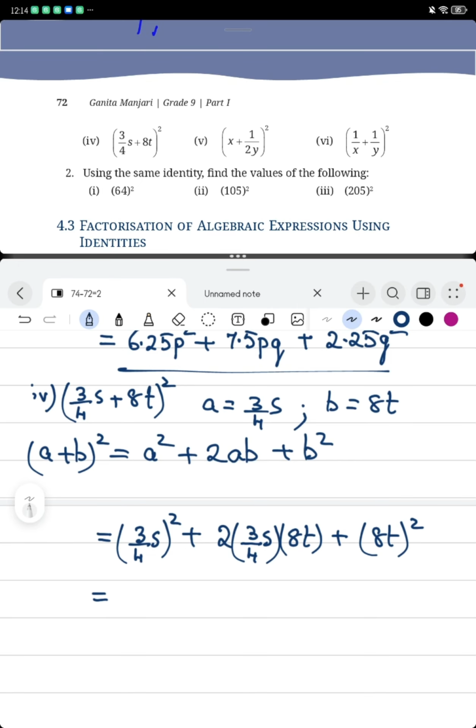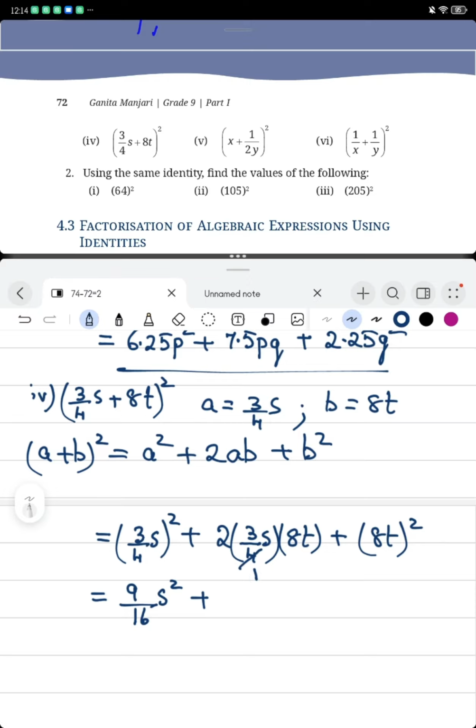So our answer is 3 square is 9, 4 square is 16. This is s square plus. Now look here, look at this fraction. Now we can do cutting. Crosswise we can cut the fractions. So 4 times table, 4 goes in this once and 4 goes in this twice. So how much is it? 2 into 3 into 2. 2 3s are 6, 6 2s are 12.